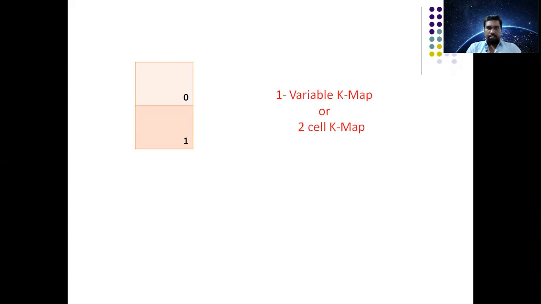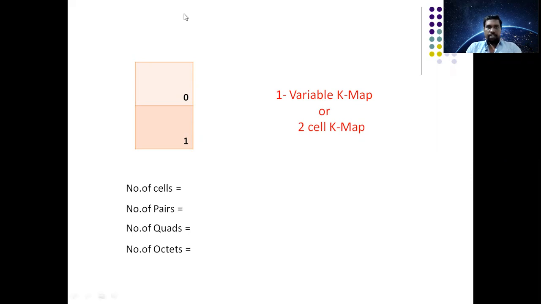Here the task is to observe, first, how many cells are there in the K-map. Second, how many pairs can we form. Next, how many quads can be formed. And last, how many octets can be formed. These are the 4 basic observations we need to make for each and every K-map.